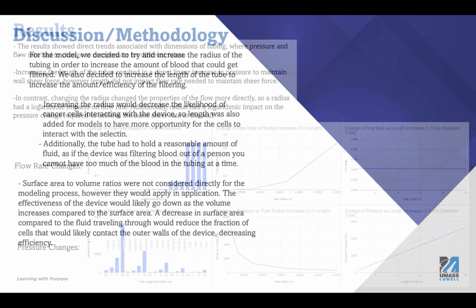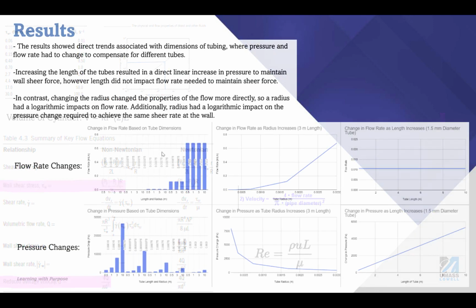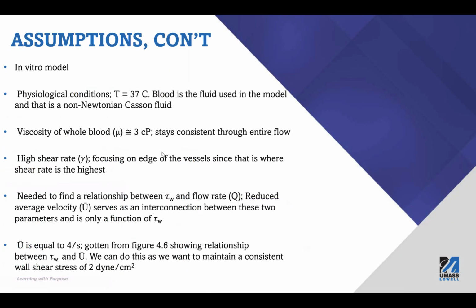In the figure above, it could be seen that it could be approximated based off of the wall shear stress of two dynes. It's approximated at 4 per second, so that was kept constant, as well as the wall shear stress. So that's how we kept maintaining our model, keeping that value consistent with the wall shear stress.